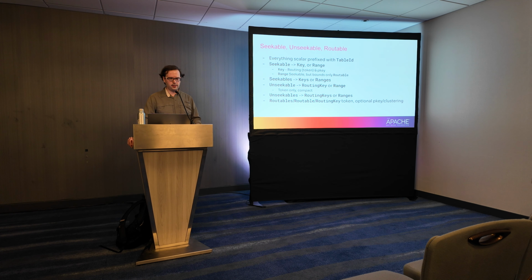I could accept either. One of the places where rootable is helpful is that seekable does not implement unseekable, even though you can trivially convert any seekable into an unseekable, by definition, right? The seekable already has the token, therefore you could strip out the primary key and get to an unseekable.